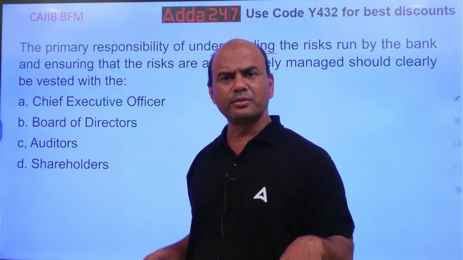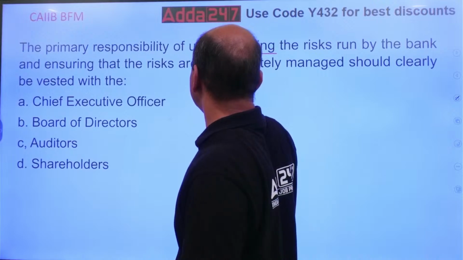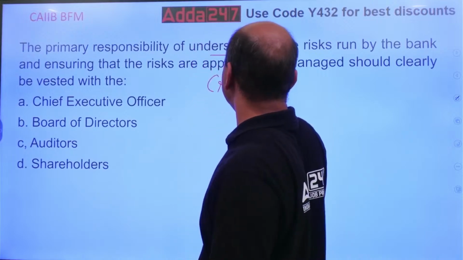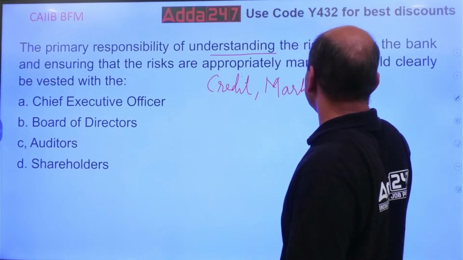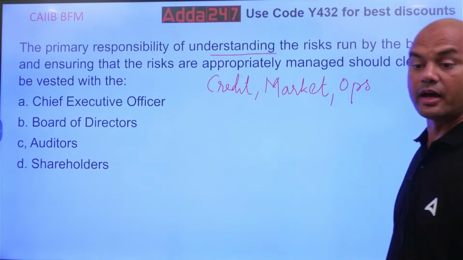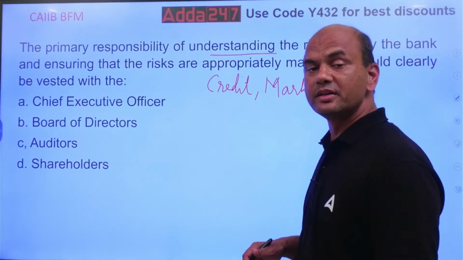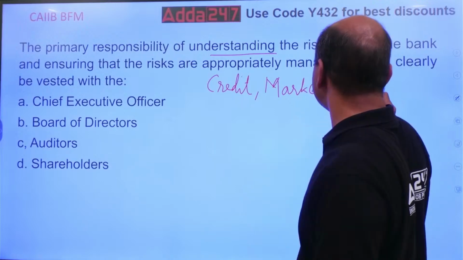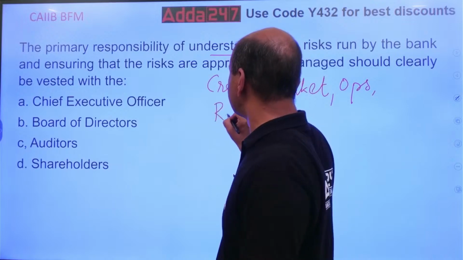As per the Basel norms, three main risks are which one? Credit, then market, operations. These are the three main. After that also there are many risks, like for example reputational risk.